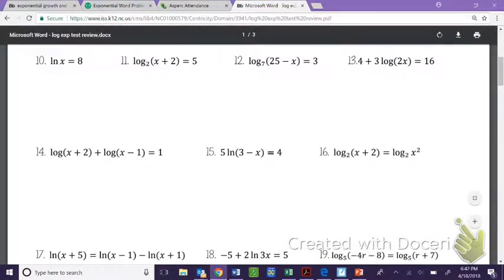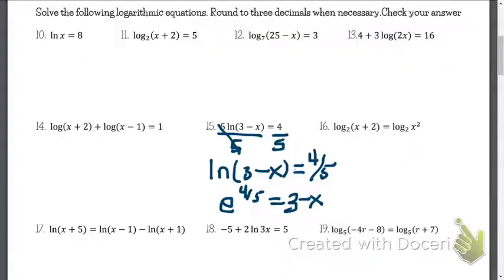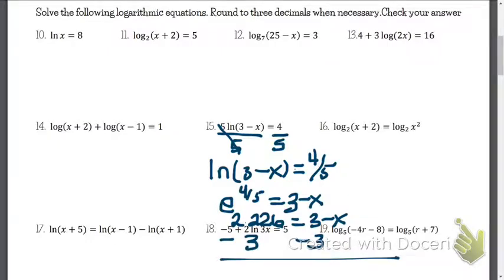I'm going to go back to what I just saved. 2.226 is equal to 3 minus x. Subtract 3 from both sides. That'll give me a negative 1.774.